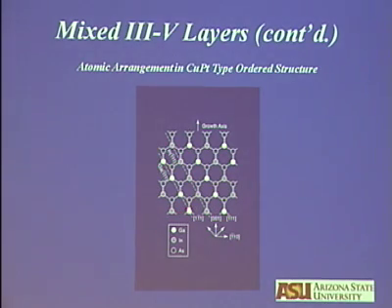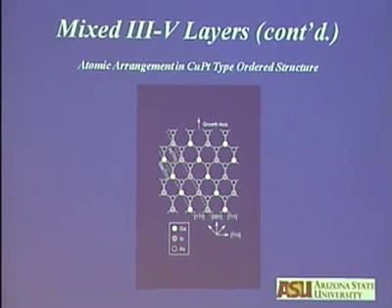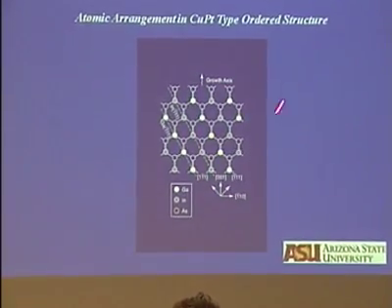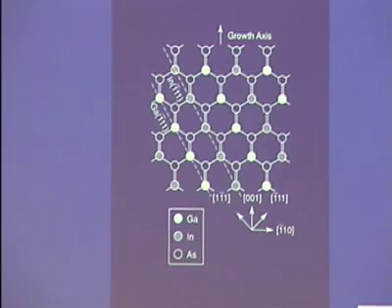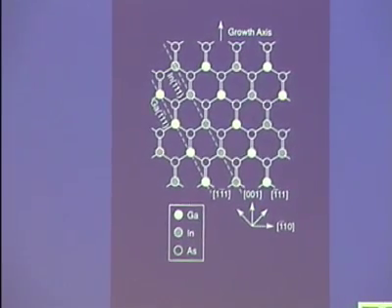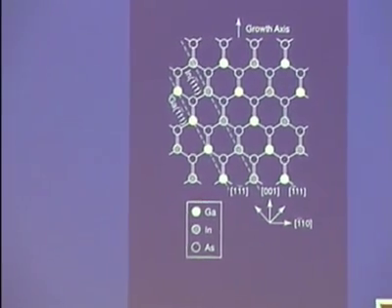Now, this becomes a gallium-rich layer. Then the next one is your group 3, 5. Then the next layer is an indium-rich layer, and this repeats. And if you look at the periodicity along this direction for this case, you will see it is double. So ordering occurs on the 111 plane, only 2 of the 4 111 planes.